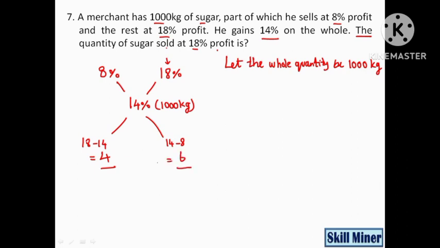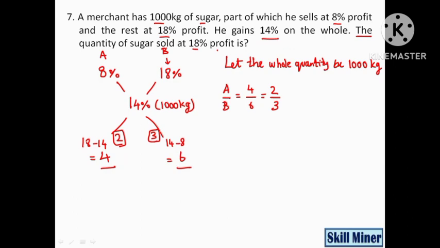Now we have found the ratio. Let the first quantity be A and the second quantity be B. A by B is equal to 4 by 6, which is equal to 2 by 3. This is the ratio we obtained, 2 and 3.